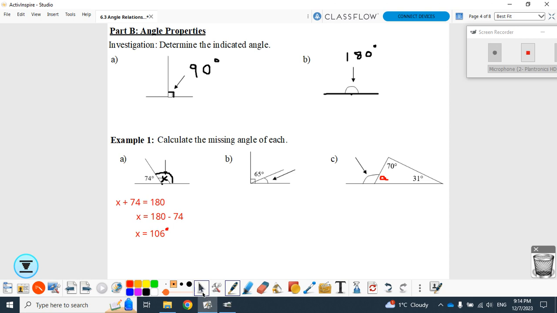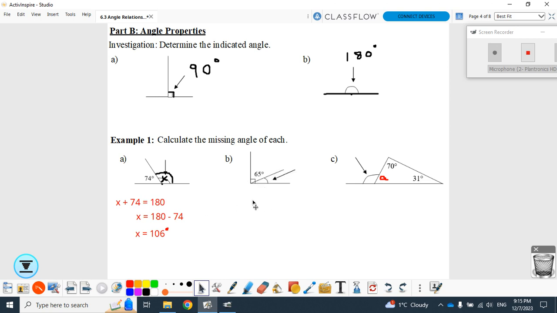Do you have to show it this way? Maybe not. I think we're clever enough just to do 180 minus 74. That's totally fine. Even here, again, you see this 90 degrees, but you do know that this chunk right here is 65. You're probably thinking the fast way, but if not, here's a great way to do it.